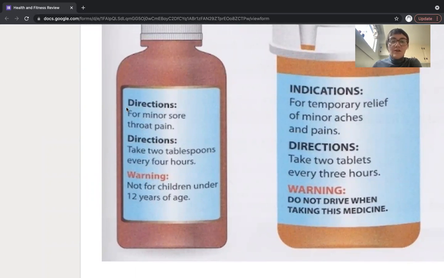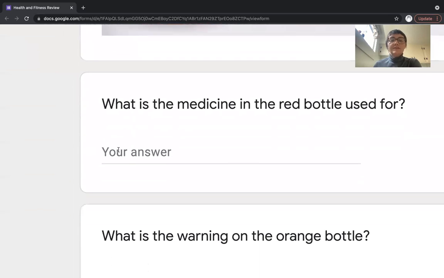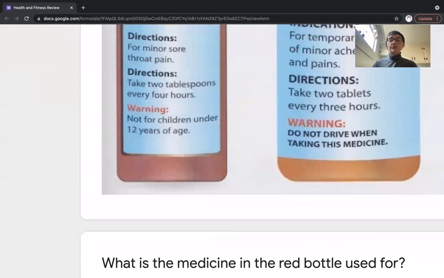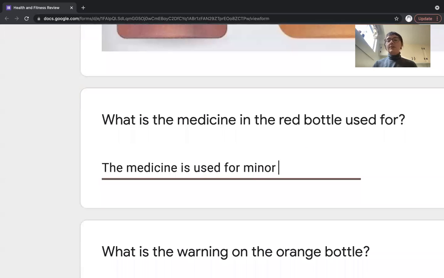Because it says right here, for minor sore throat pain, right? So we would say, the medicine is used for minor sore throat pain. Minor means small, right? Minor sore throat.